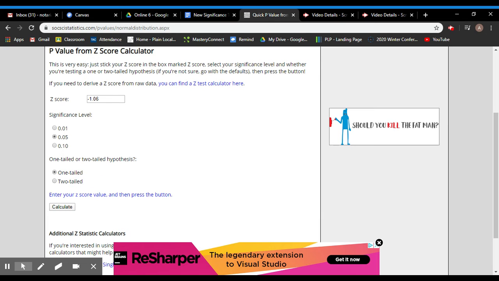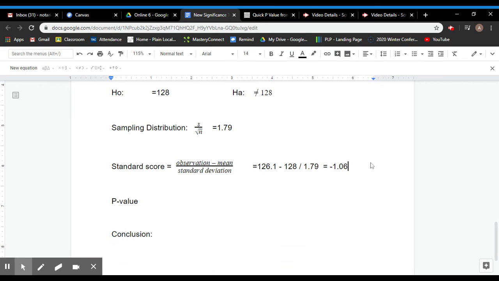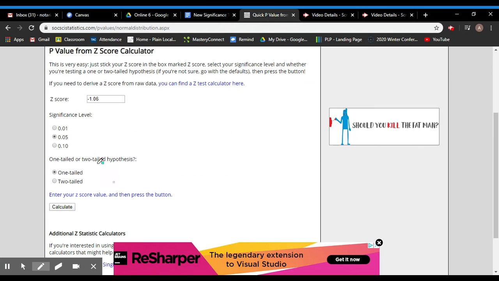Here's the deal. In our notes, for HA, we had to decide if this was a greater than HA, a less than HA, or a does not equal HA. If it is a greater than or a less than HA, this is a one-tail. So in the calculator, you would click on a one-tail test if it was greater or less than.